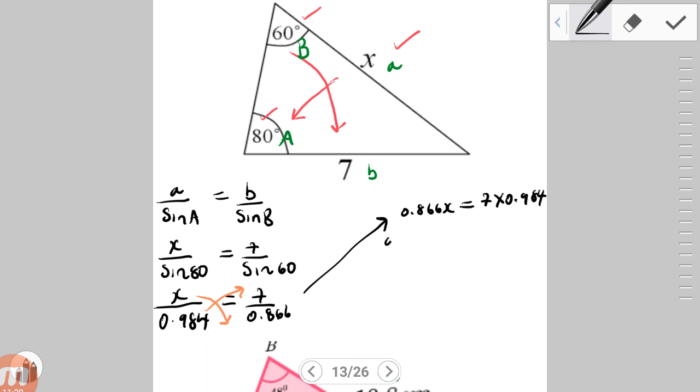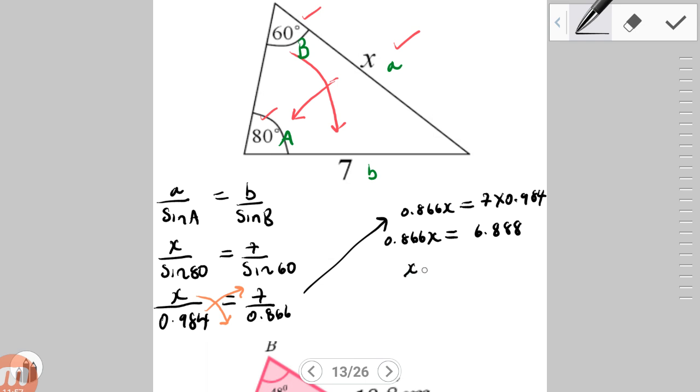So we're going to have 0.866x, and that's going to be equal to 7 multiplied by 0.984. Hopefully you guys are working with me at the same time. That is 6.89 rounded off. Alright, let's just write the full value, 6.888.